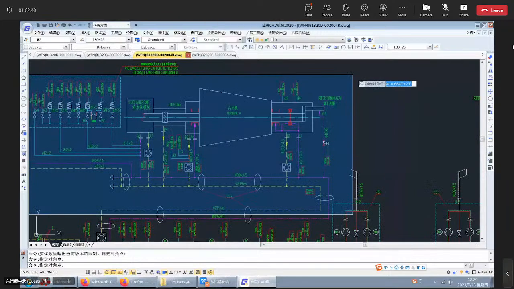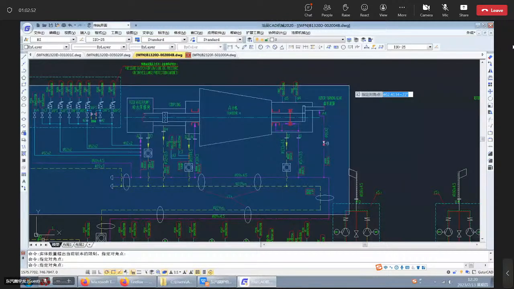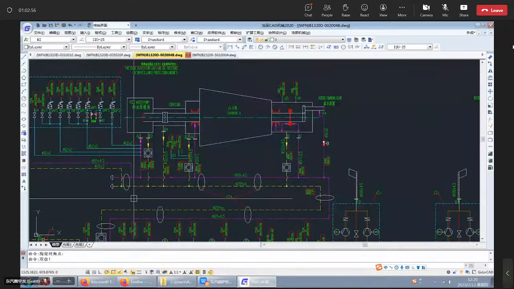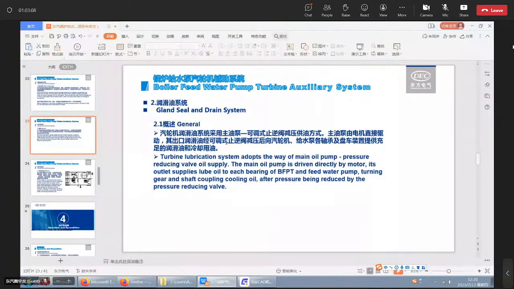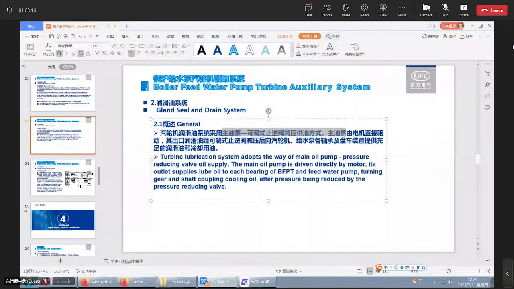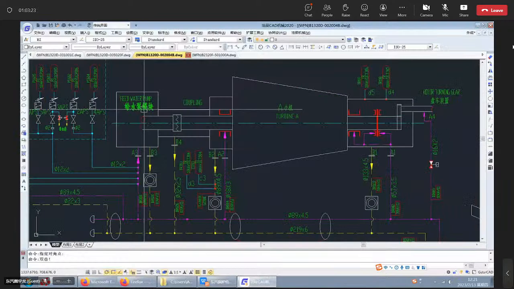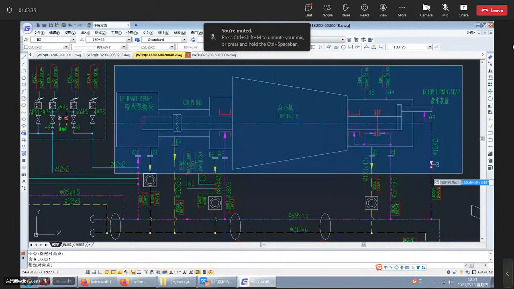The oil supplies the BFPT, the feed pump, and the turning gear.